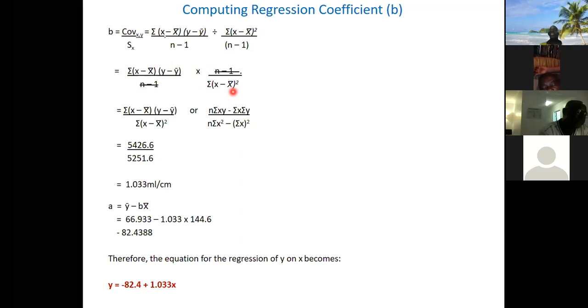A correlation is a standardized covariance. The correlation between X and Y is when you calculate the covariance between X and Y and divide by the standard deviations of X and Y, it gives you the correlation. But that is the correlation coefficient.